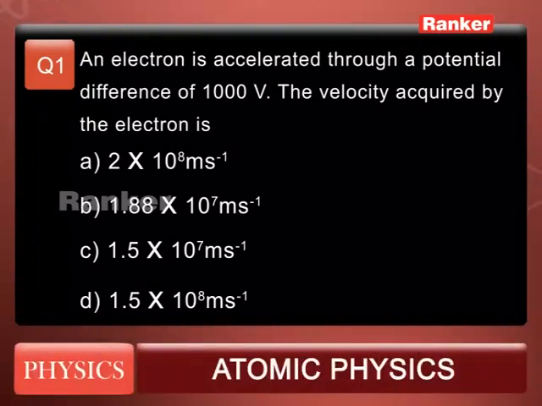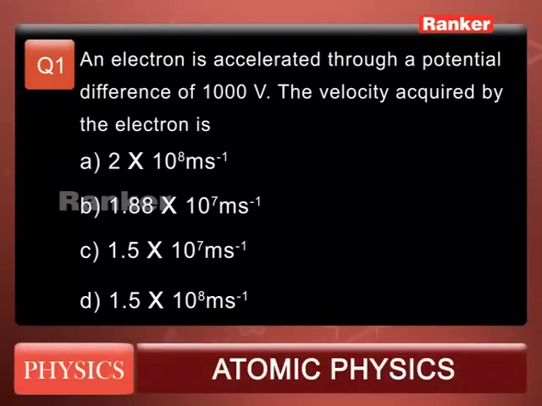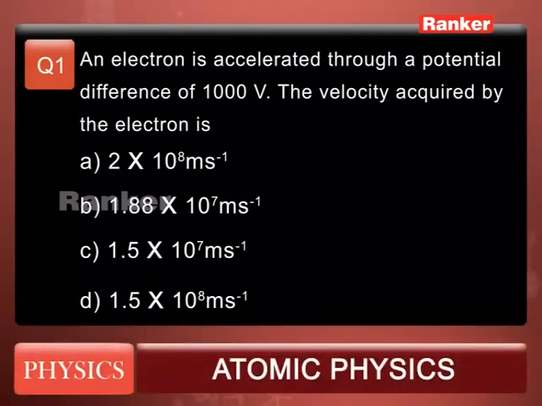The options are: first, 2 into 10 power 8 meter per second; second, 1.88 into 10 power 7 meter per second; third, 1.5 into 10 power 7 meter per second; and fourth, 1.5 into 10 power 8 meter per second. What is the correct option here? We just have to look into it.